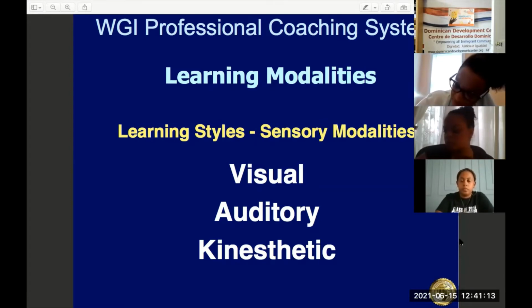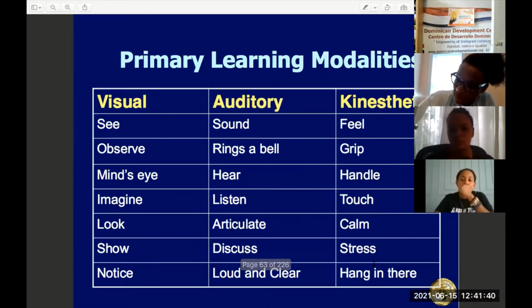And so we do that for the purposes of making sure that what we are presenting to them, how we're speaking to them, is in line with their primary learning modality. And again, most of us are a mix of these, but there are different things that give it away. So one of them is the words that a person uses.